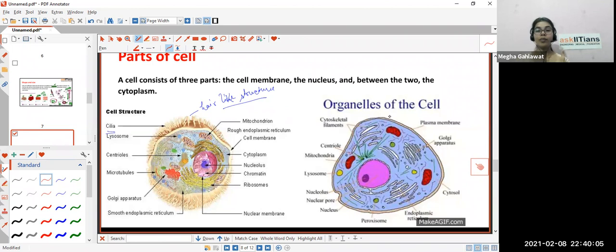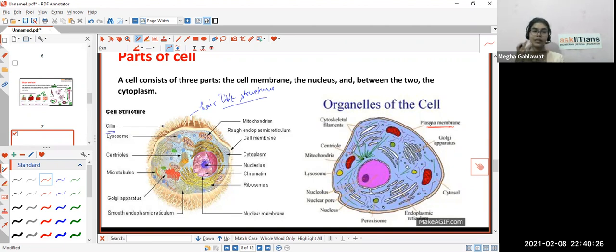Next is the cell membrane. We'll be learning more about the cell membrane or the plasma membrane, one and the same thing, in this session itself. The cell membrane is extremely crucial. Why? Because it is responsible for letting the components in and out of the cell depending upon the requirements.